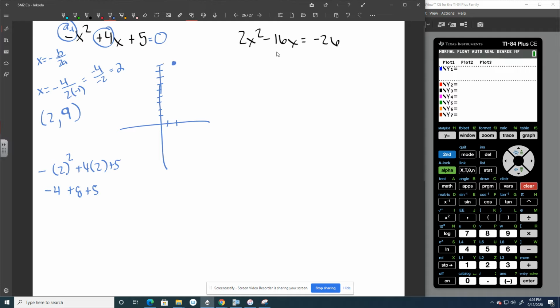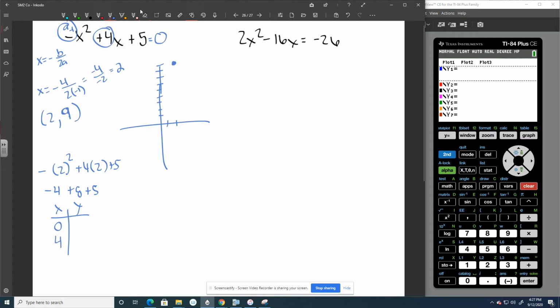Now I need to check a number to the right and a number to the left so that I can finish my graph. Let's check when x is equal to 0 because that's easy to do, and when x is equal to 4.